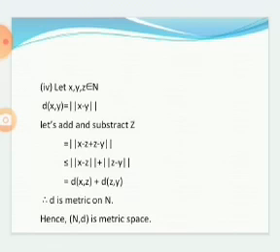So these three properties are satisfied on the normed linear space. So the given function d is a metric on N. Therefore d is a metric on N. It can be written as (N, d). So the function (N, d) is a metric space.